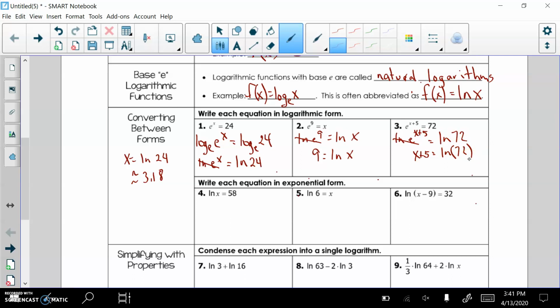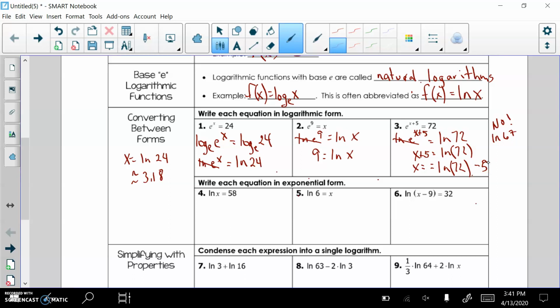Do not subtract 5 from both sides and think incorrectly that you're doing the natural log of 67. That is not what's happening. You're taking the natural log of 72 and then subtracting 5 from that result. That's why I put parentheses around the 72, then a minus 5.